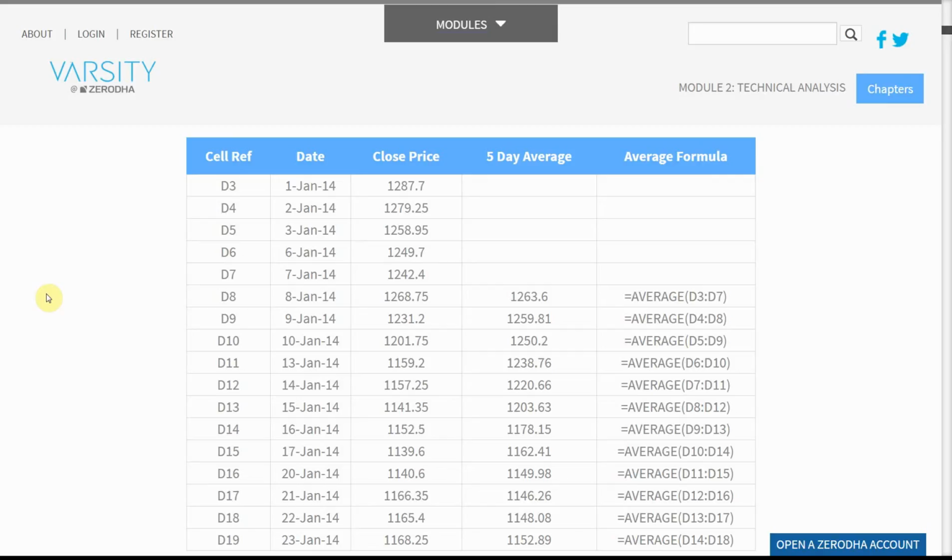D8, 8th of January 14, 1268.75, with 1263.6 equals average of D3 to D7. D9, 9th of January 14, 1231.2, with 1259.81 equals average of D4 to D8. D10, 10th of January 14, 1201.75, with 1250.2 equals average of D5 to D9.